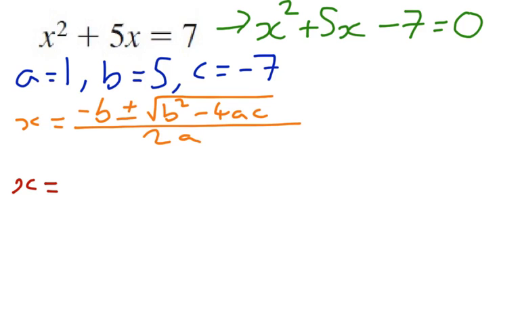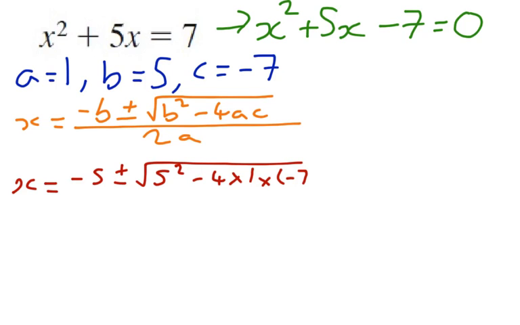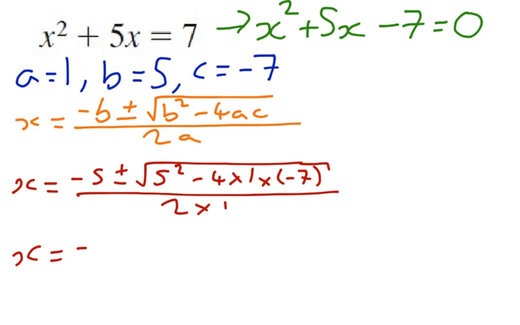So x is equal to minus 5 plus or minus the square root of 5 squared minus 4 times 1 times minus 7, all over 2 times 1. So x is equal to minus 5 plus or minus the square root of 25.